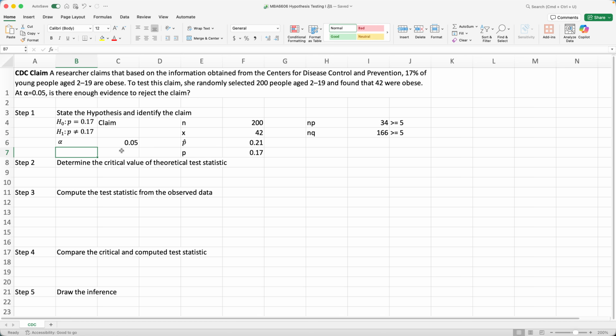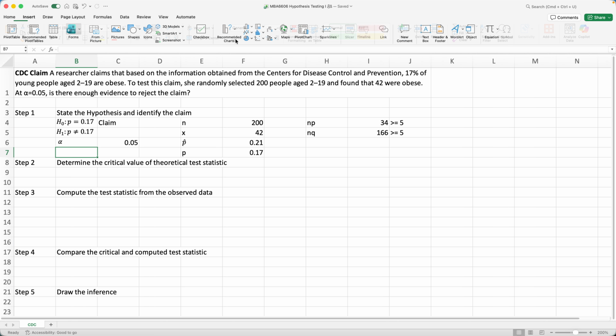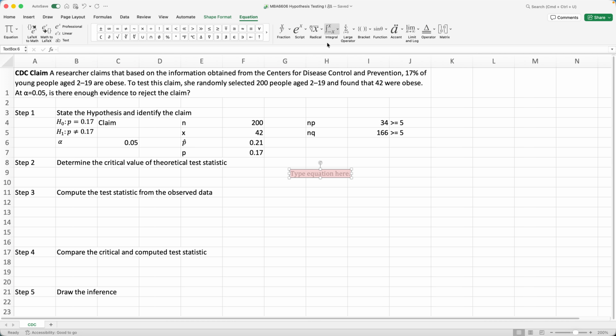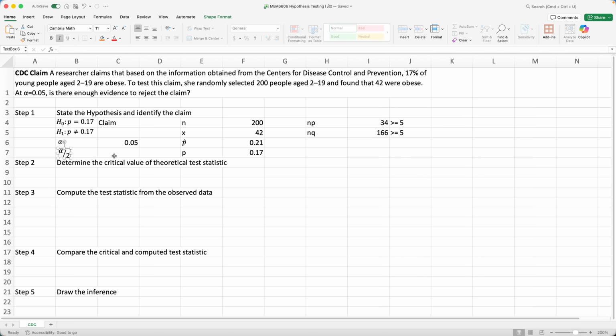So it's a two-tailed test, so we will compute alpha by 2. Alright, so what is alpha by 2? Alpha by 2 will be alpha divided by 2.